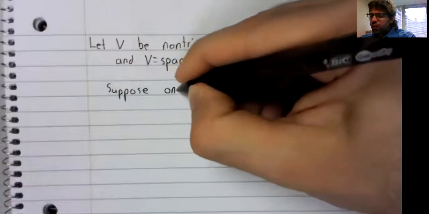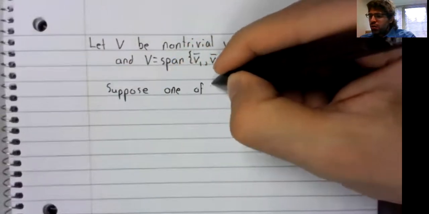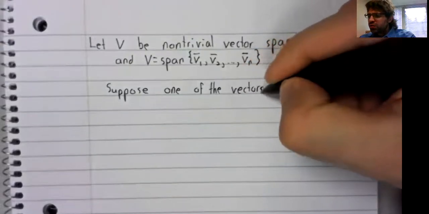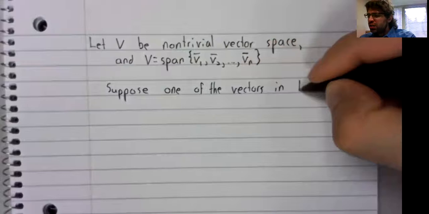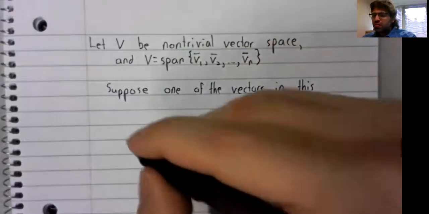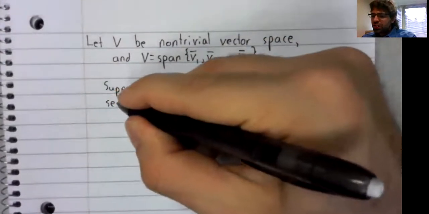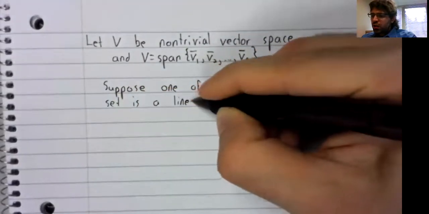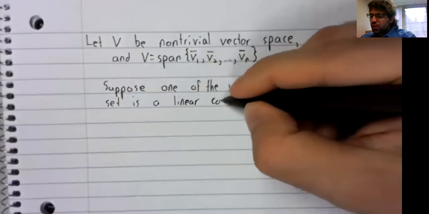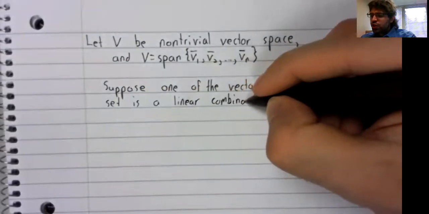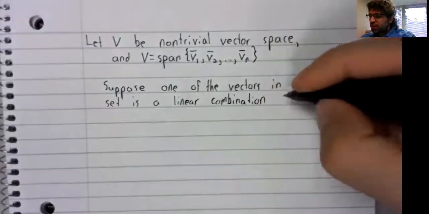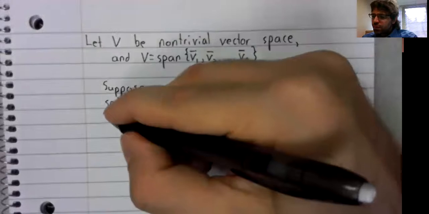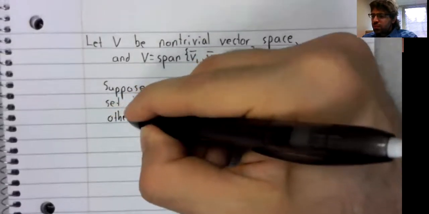Suppose one of the vectors in this set is a linear combination of the others.